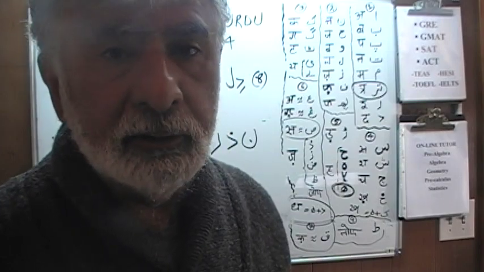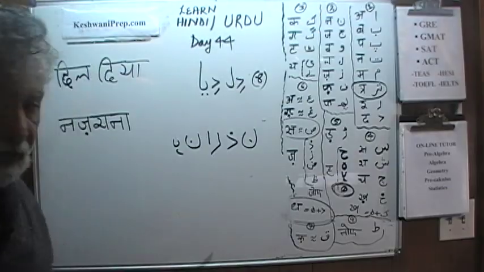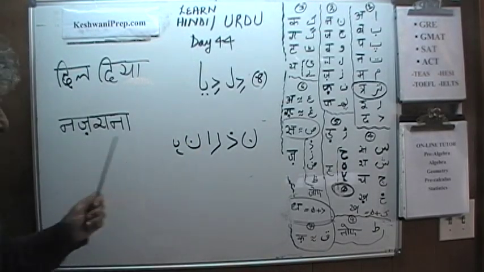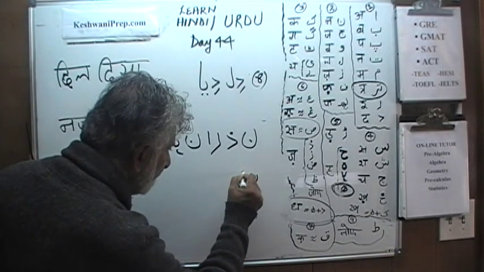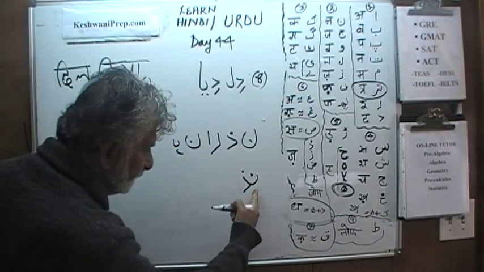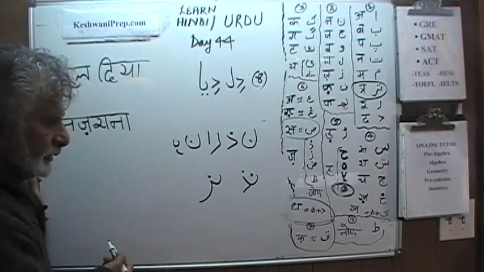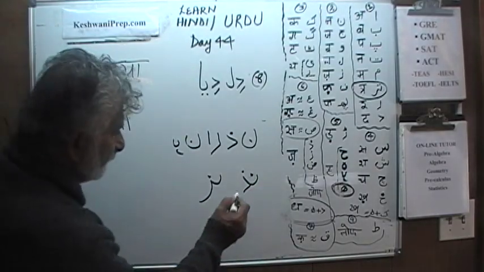Dil diya nazrana tujhe. We have not written the word tujhe yet. We'll come to that in a second. But that's what it's going to say. Dil diya nazrana tujhe. Let's put it together. Somehow we have to figure out how to put it together. So here's your noon, then a Z. This Z is different than had it been written like this. That's this Z right here, because it comes down straight. But this one makes a sharp angle.